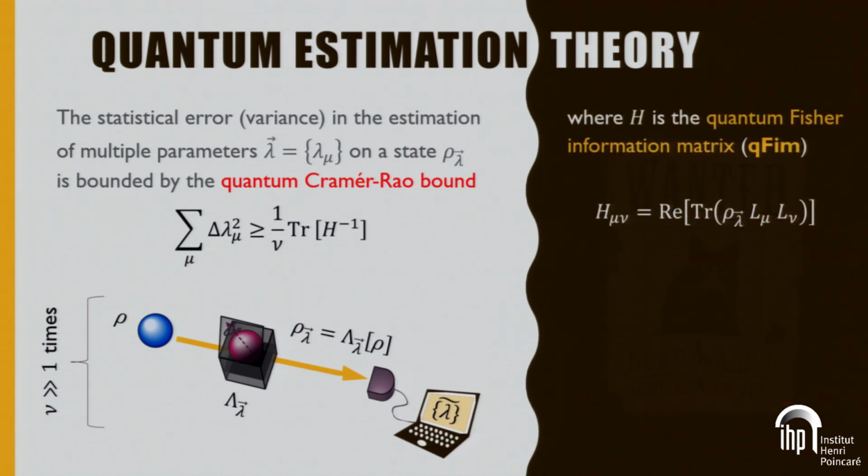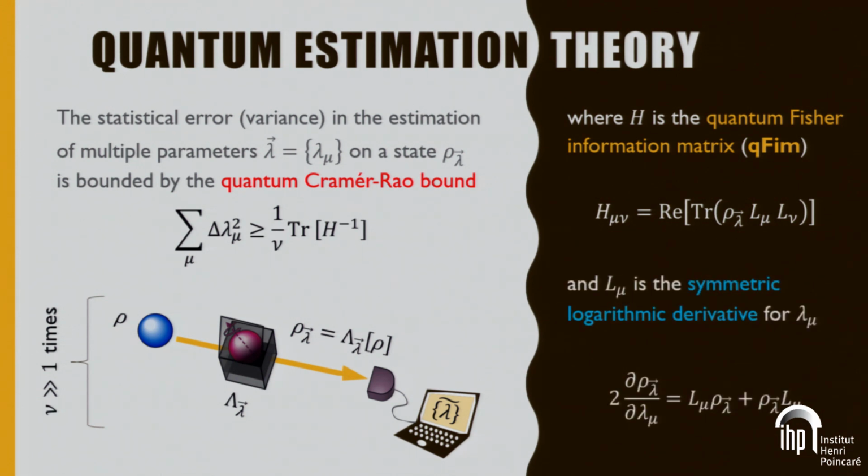This H matrix is the famous quantum Fisher information matrix, whose elements can be defined from your state in terms of another operator, the symmetric logarithmic derivative, which is implicitly defined by this expression here. So in principle, we can never achieve an error below this.